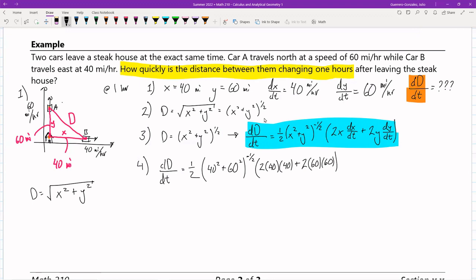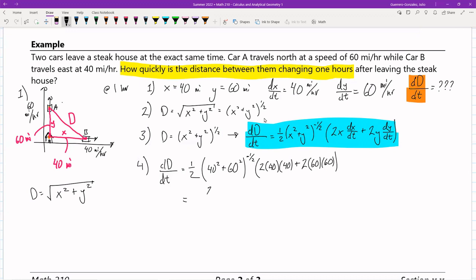So then this should be equal to, here we go. This is all on the numerator. This is going to go in the denominator.